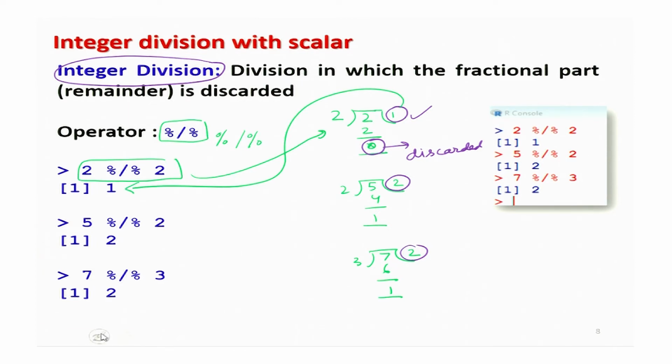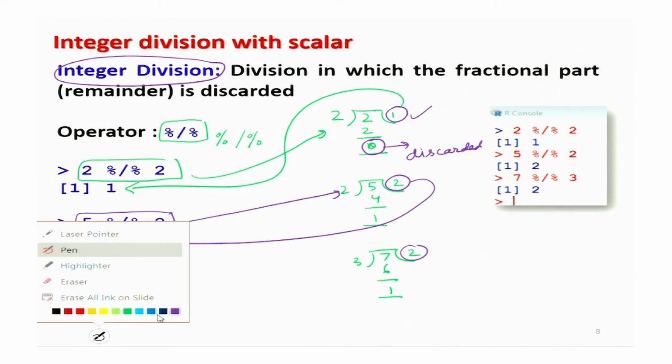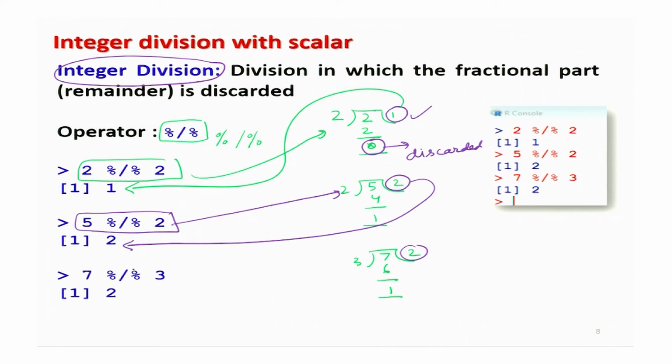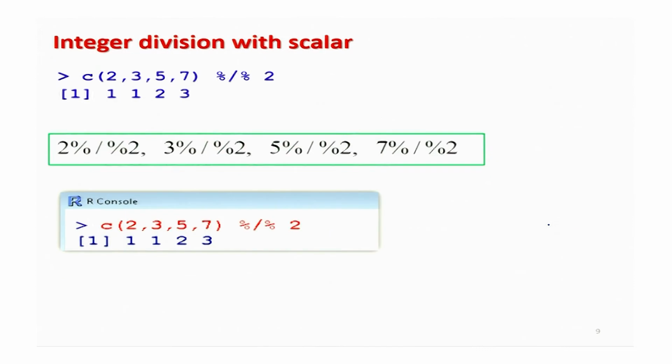And similarly, if you try to do 5 integer division by 2, this value is given here. Right. And then similarly, if you try to divide 7 by 3 using integer division, then this value 2 is obtained here. So this is the concept of integer division in our software. And here you can see the screenshot of the same operation. So this is what you have to understand.